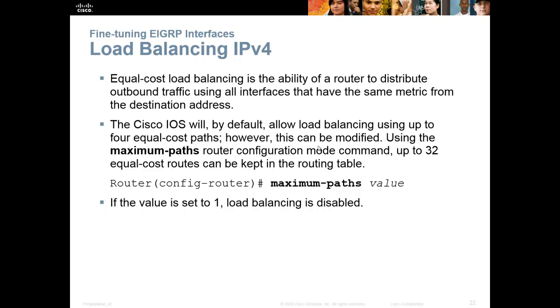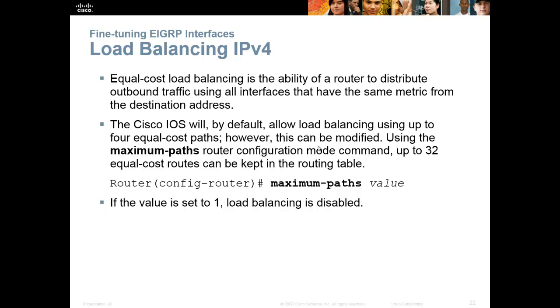But if I had more, I have to change the maximum paths value. Now, again, we're talking about big networks with multi-redundancy here. So for some reason, I have 10 equal paths to the same place. So I would have to go into the router config and do maximum-paths 10.